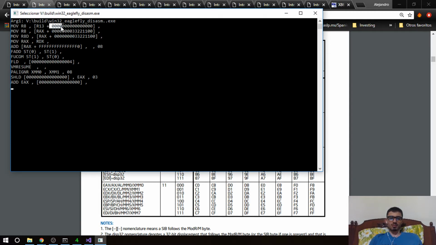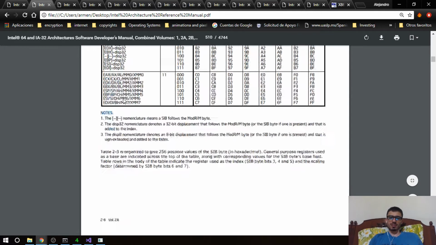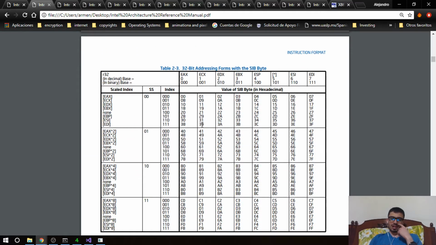R13 has this displacement, which is 0, that makes it default to R13, so it's pretty much the same. So R12, which is using SIB, has to enter the SIB and tell that we're gonna have none on the index and all on the base, so you have the R12 base addressing mode. So there are just these specific ways to address these specific bits with these specific registers, that make all the change.